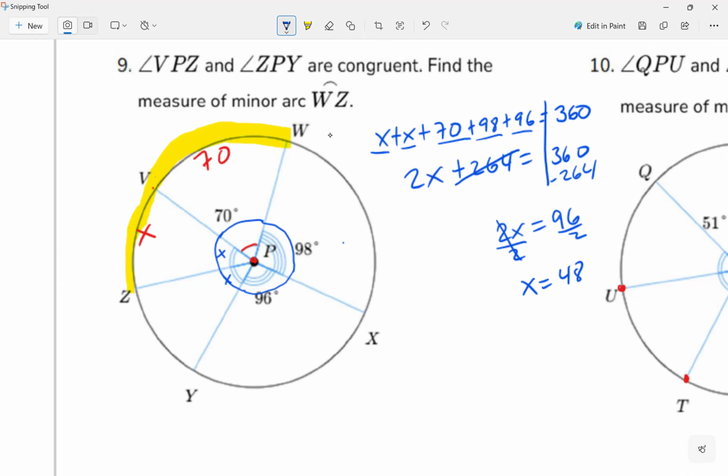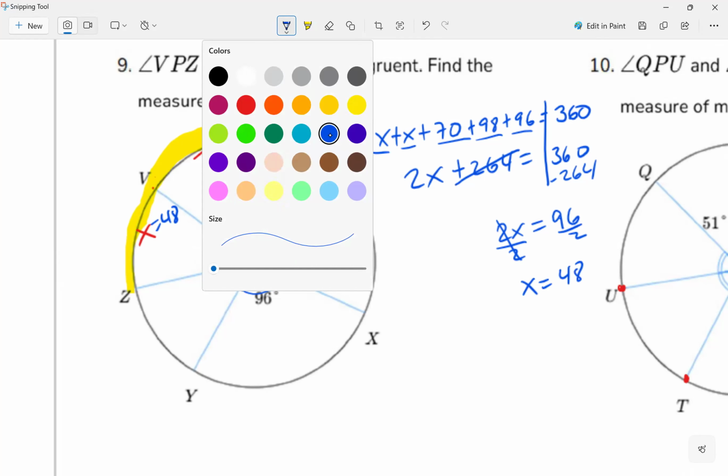I solved for x because I'm going to use it. Okay, so my answer is not 48. I was not solving for x here. I was trying to solve for x to be able to use it. So now I know this is 48. So let me change this to red.